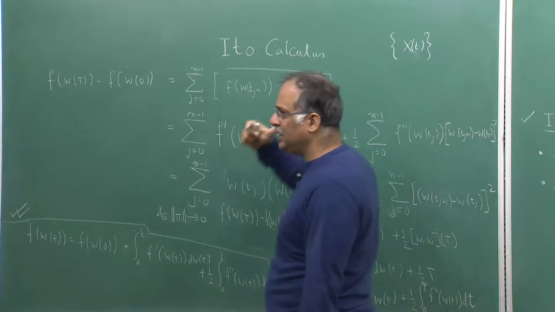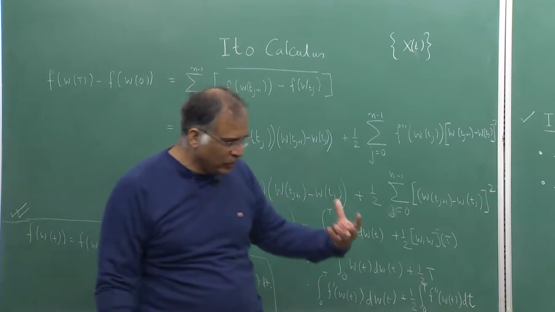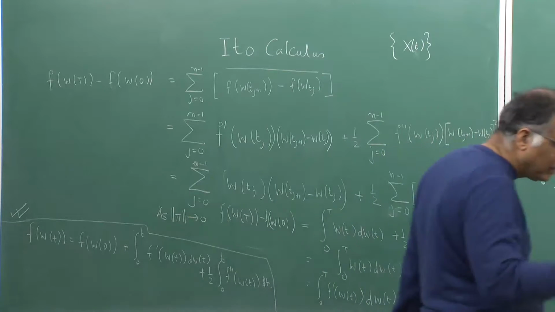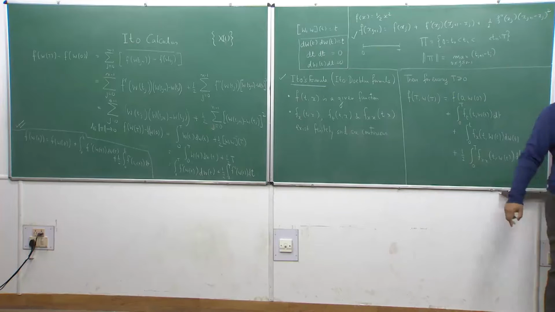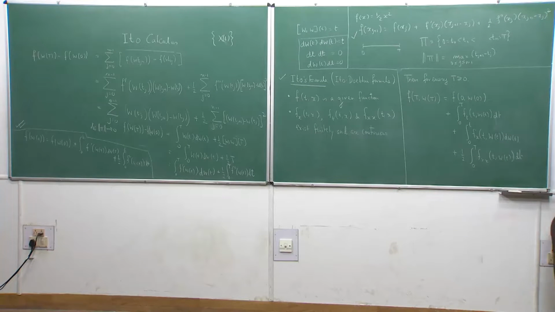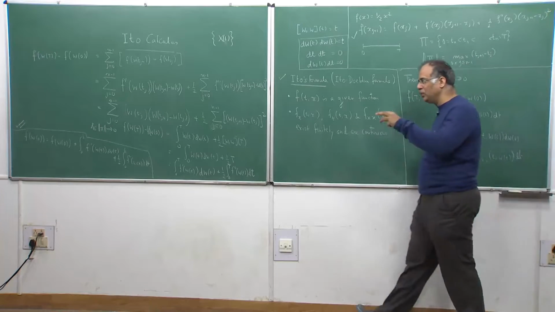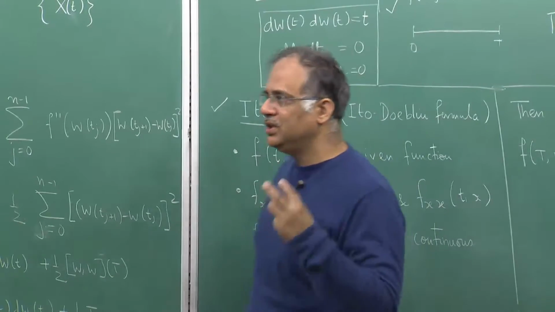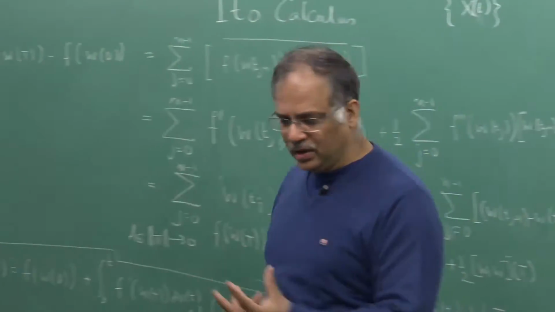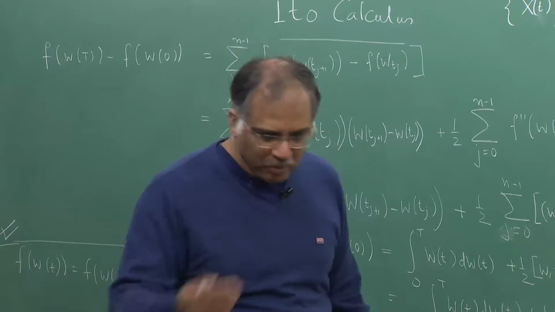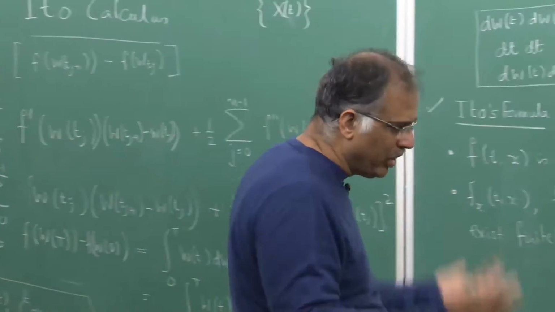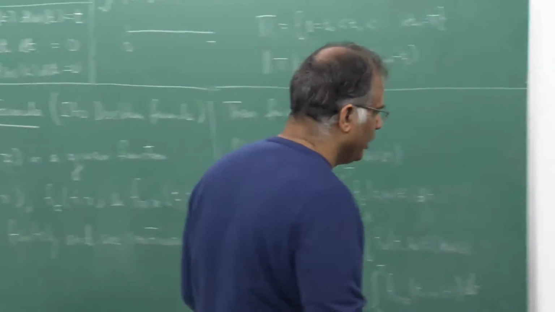This X_t can be decomposed into X_0 plus an Ito integral plus a normal integral. So, any stochastic process of this form is called an Ito process. It can be decomposed into 3 different parts: one is X_0, the 0th value of the process, plus an Ito integral plus an ordinary Lebesgue integral.